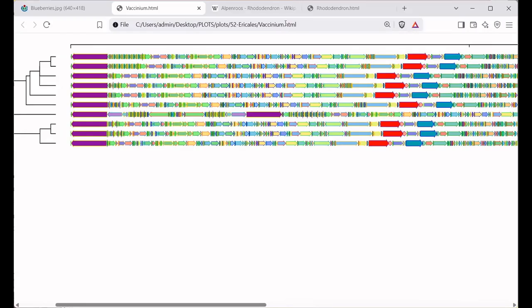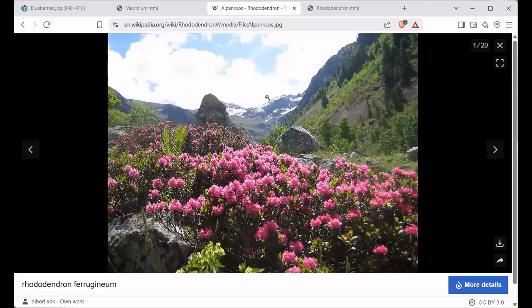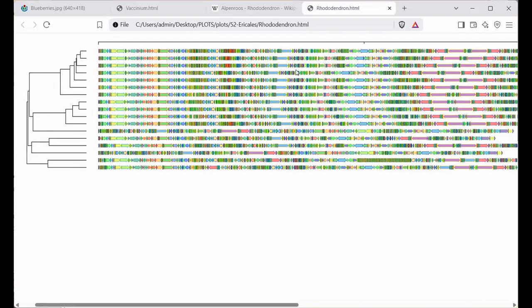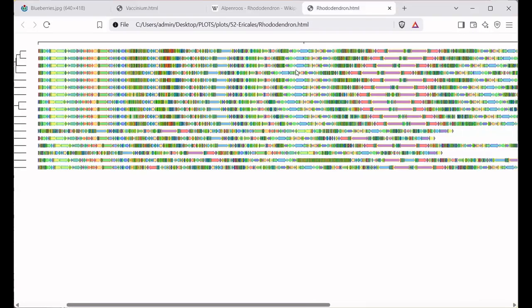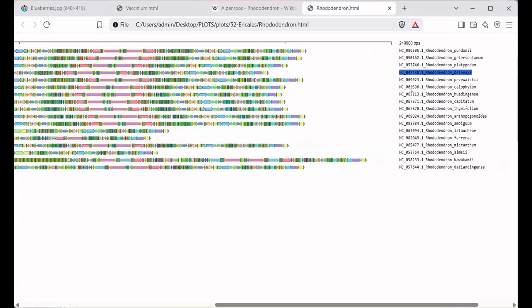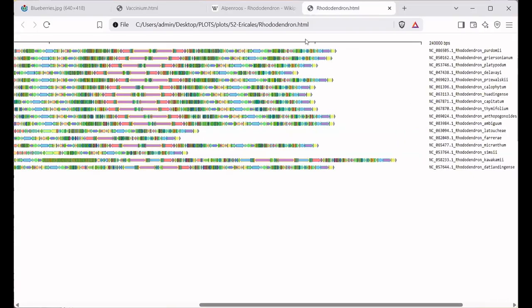The second one I'll show here is Rhododendron, and it's closely related to Vaccinium, in the same order. And you can see the top few ones have a lot of similarities, but the rest are all quite different. And the length, again, reaches close to 240,000 nucleotides, this long one, but the remaining ones are also probably above 200,000 nucleotides.